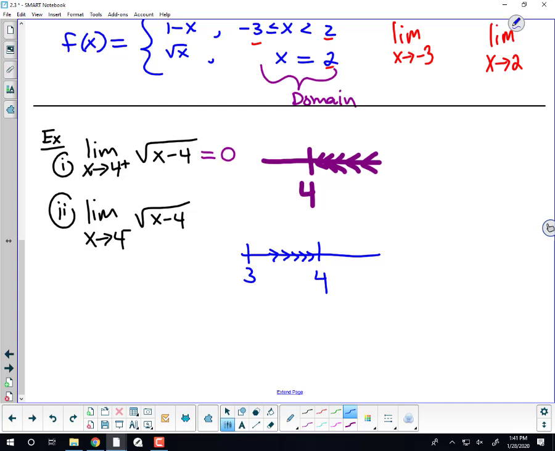Anything slightly smaller than 4, minus 4, gives you a negative under the radical. Think of this as 3.99, etc. So this limit does not exist. Does that make sense?